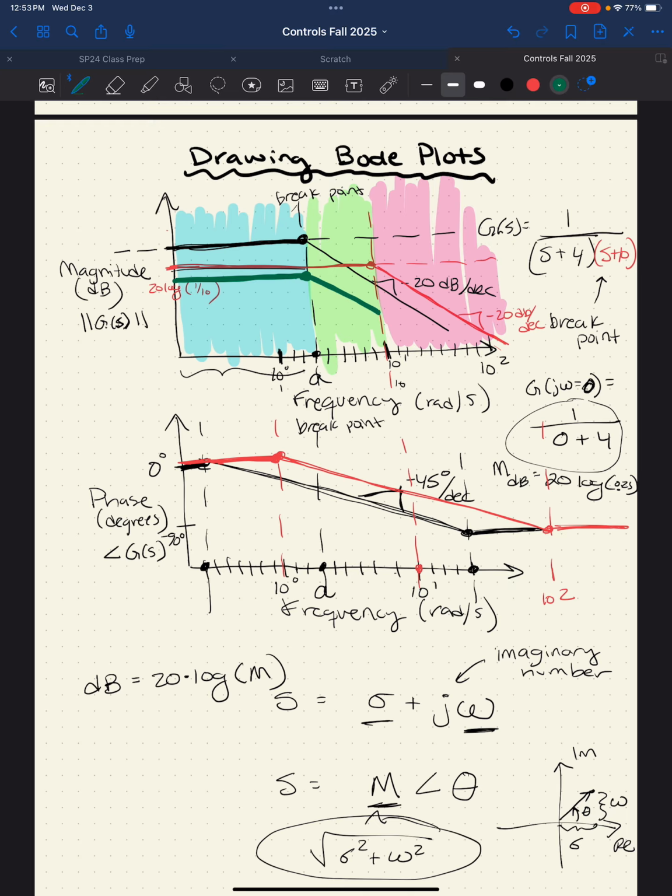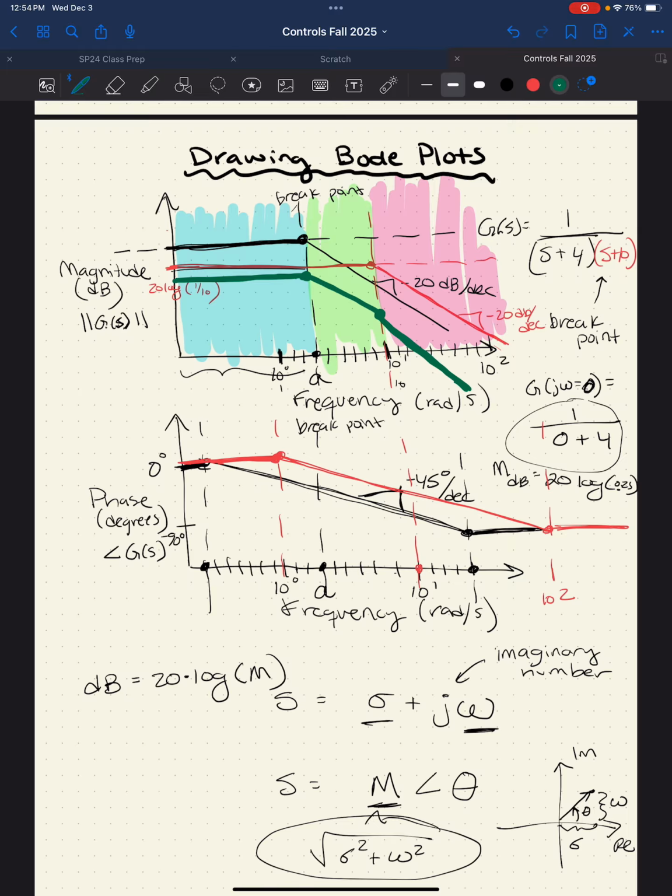And then in the second region, they are both decreasing by 20 decibels per decade. So now the resultant is decreasing by 40 decibels per decade, because they're the same slope. They're both losing 20 decibels per decade, so overall the addition of the two values is losing 40 decibels per decade.